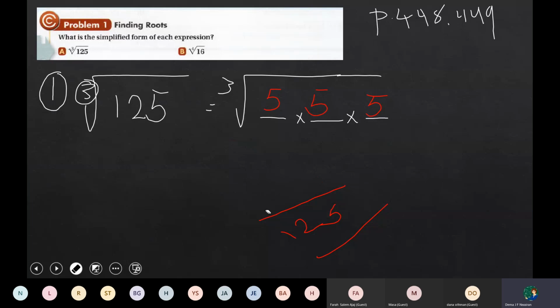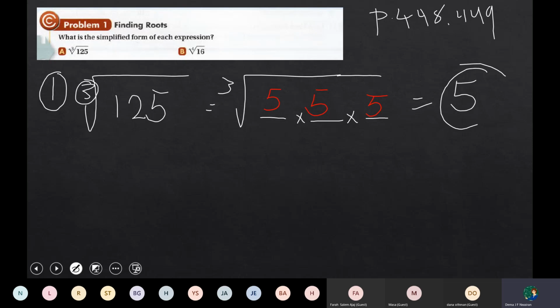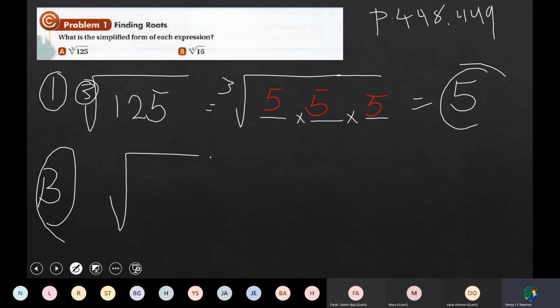So now we notice that if we repeat 5 three times with the cubic root, I can say that the cubic root of 125 is 5. Now, the fourth root of 16.